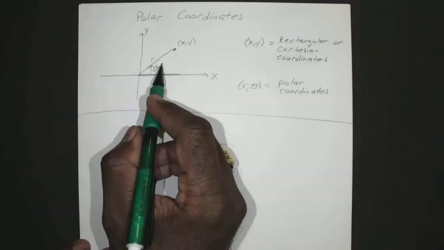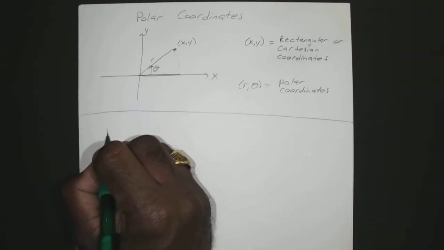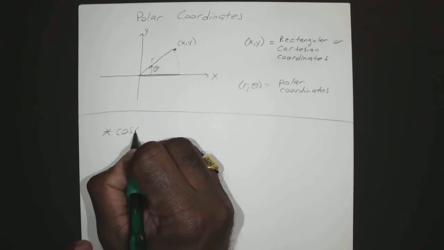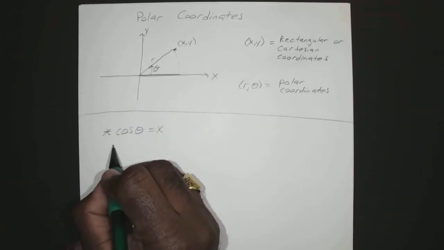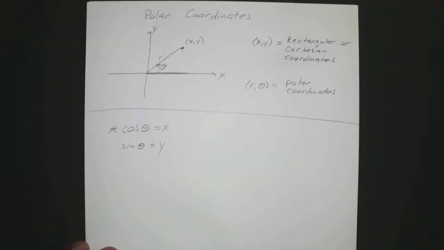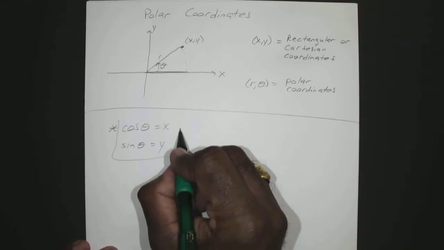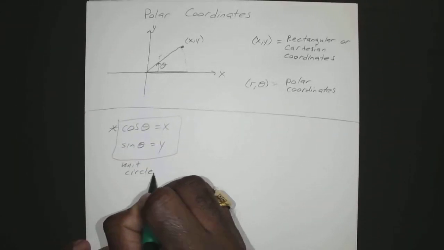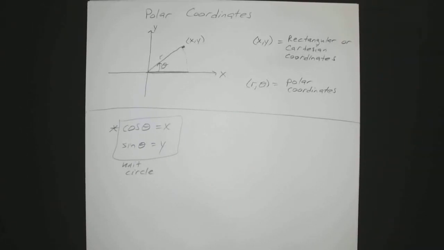Okay. So we know with the unit circle, we knew that cosine of theta was equal to your x, and sine of theta is equal to your y. That's just on a unit circle. Okay. Now what if your radius isn't 1?